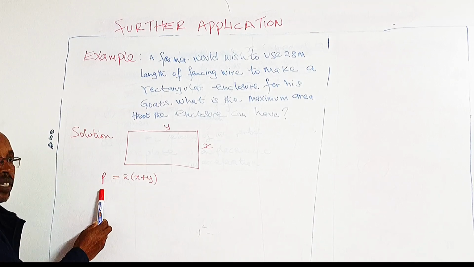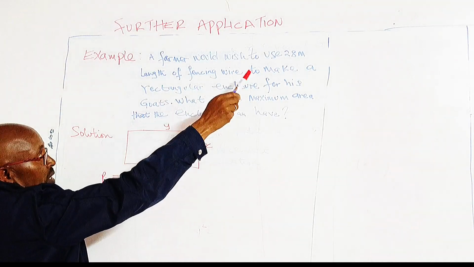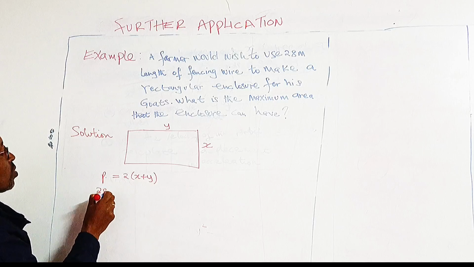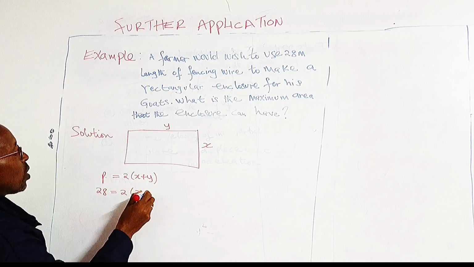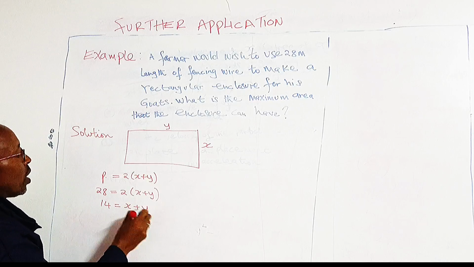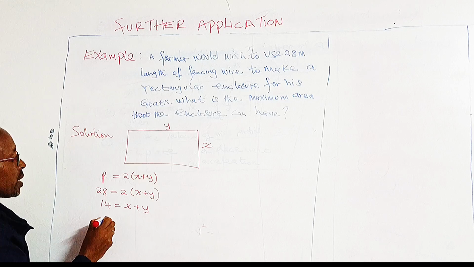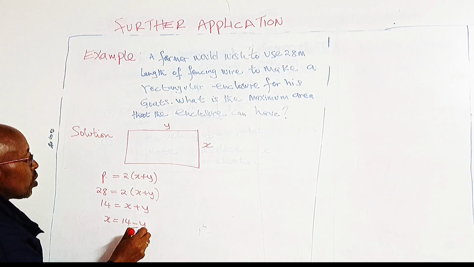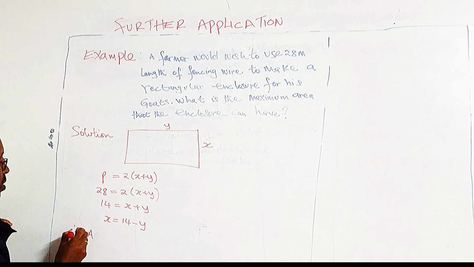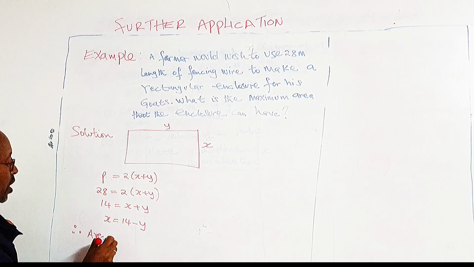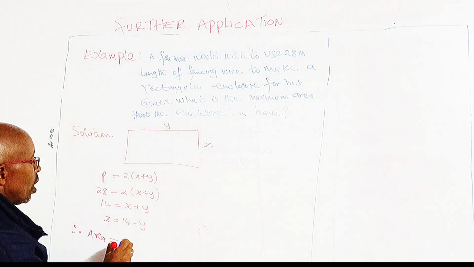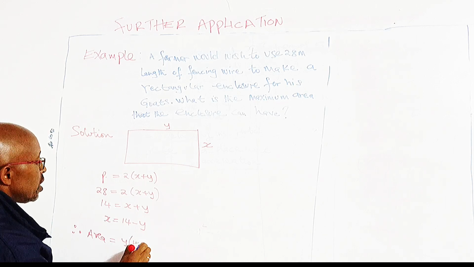Our P is the length of the wire that we would like to use. So 28 will be equal to 2 into (x plus y). Therefore 14 is equal to x plus y. X will be equal to 14 minus y. Therefore the area will be given by y multiplied by 14 minus y.